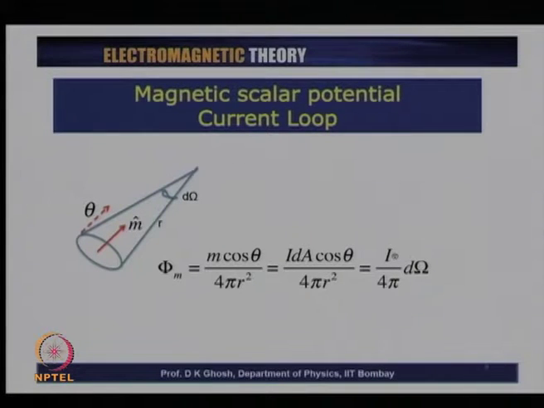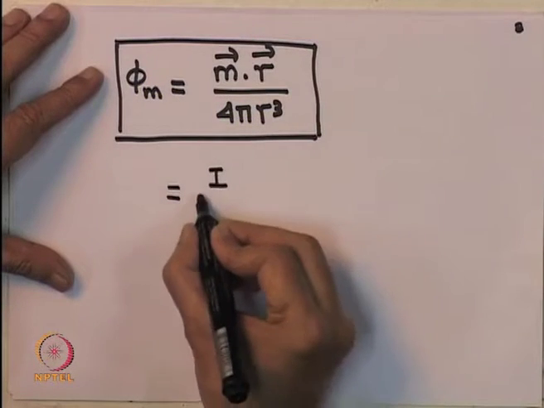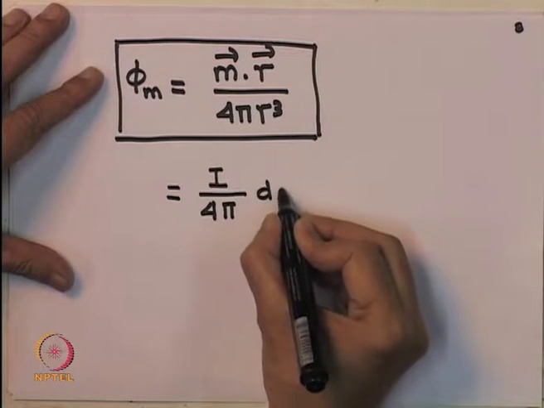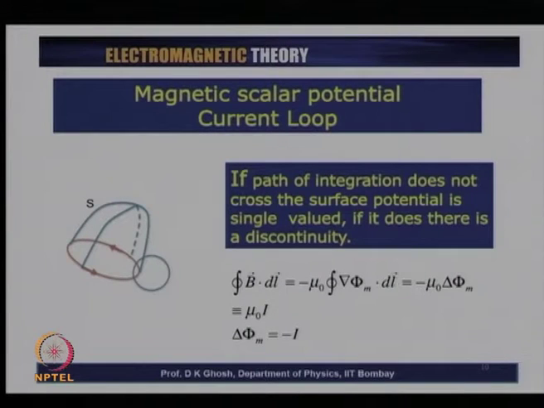So, therefore, this quantity can be written as I by 4 pi, because you have this d a by r square, d a cos theta by r square is nothing but this solid angle d omega. So, as a result, this phi m can also be written as equal to I by 4 pi, I is the current passing in that loop, times d omega. Now, this is a useful formula to have, and let us look at what is the problem.